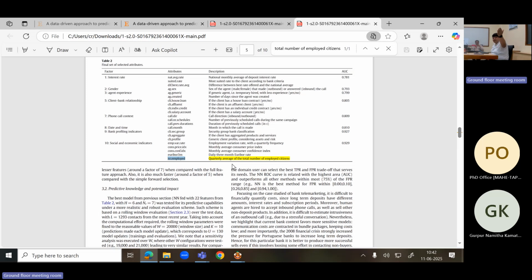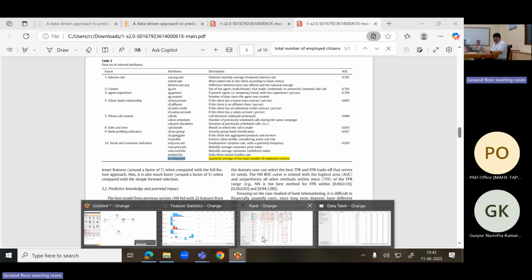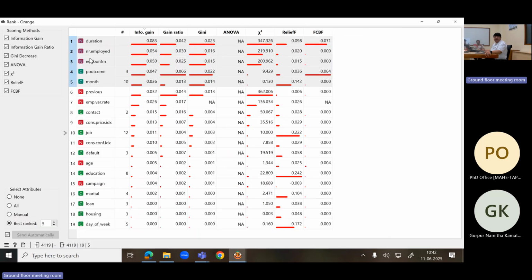So we happen to get nr.employee as one of the important features as per this rank. We were just trying to figure out what could be the meaning of nr.employee and how it affects the acceptance of a term deposit.